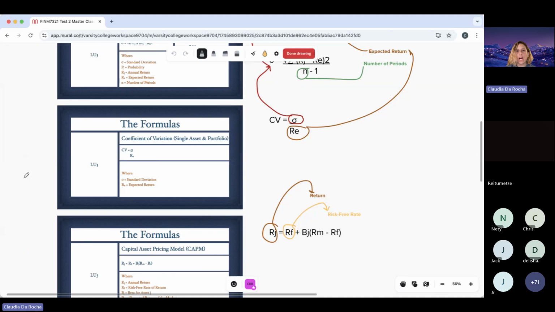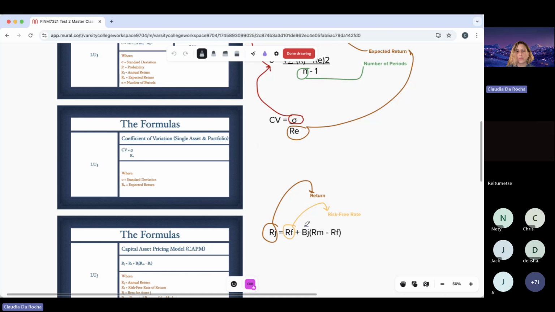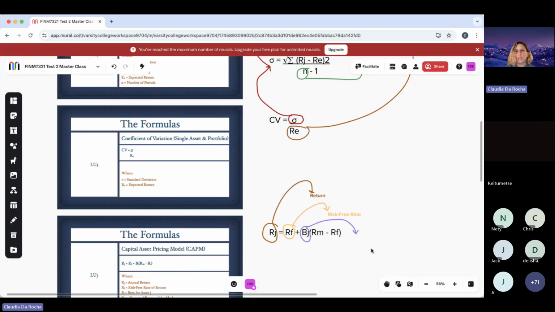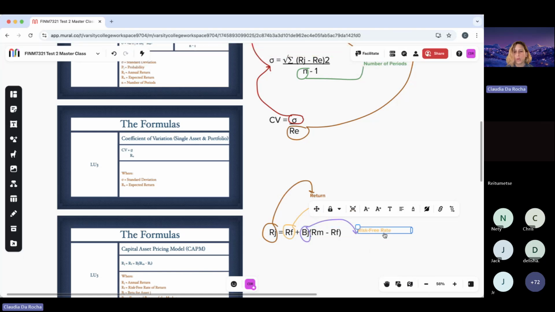Okay, then we have our beta, as I like to say. I know some people like to say beta. It's fine, whichever way, but it's beta for me. Your beta basically shows you the profile in terms of the market. So what I mean by that, your market beta is always 1.